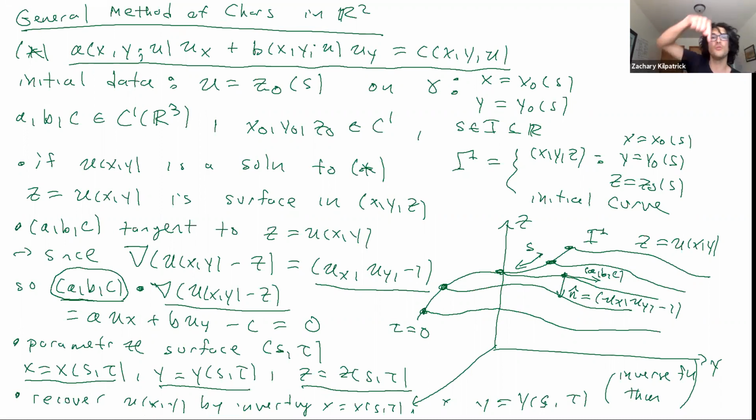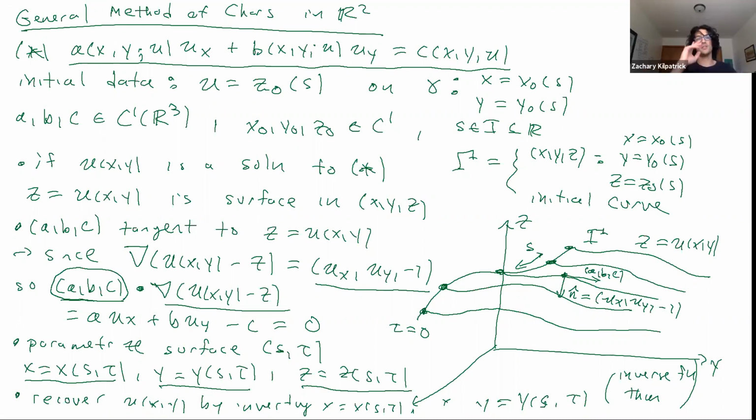But as you move along in t, because your characteristic is some function of x and t, it's not just going to be x anymore. It's going to be x minus c u of t. So s is just moving along the initial data, and then tau is what propagates it forward.